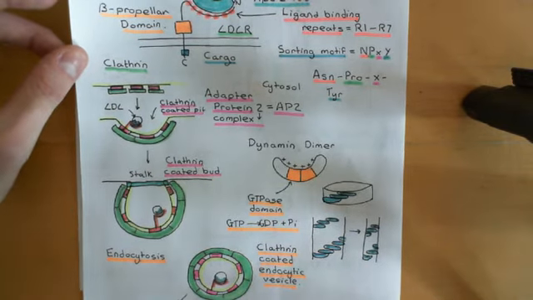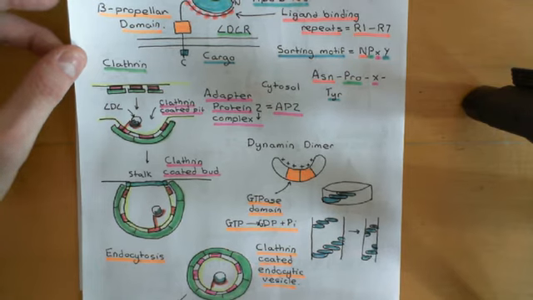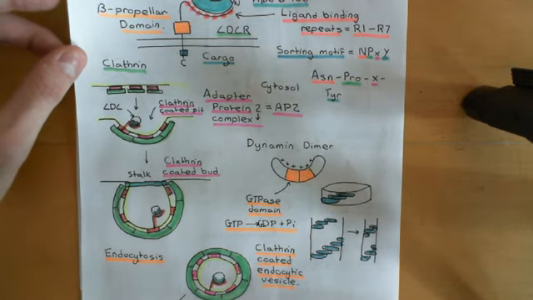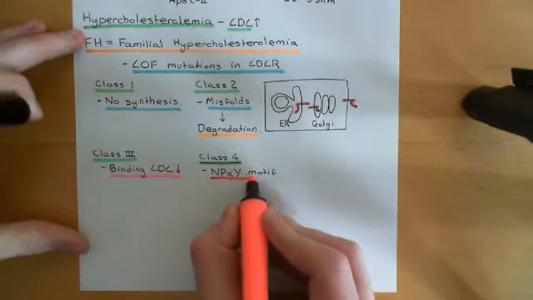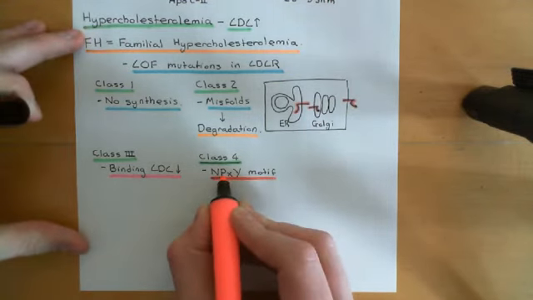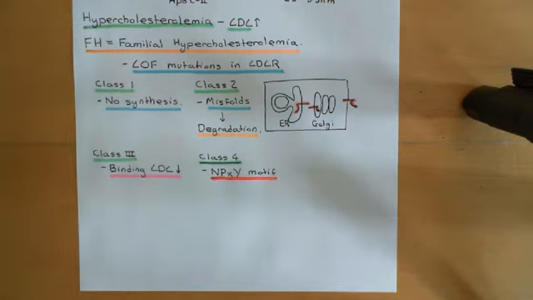In class 4 mutations, you end up with problems in that sorting motif, which mean it no longer binds to the adaptor protein complex 2, and that also severely disturbs the function of the LDL receptor. Now it can bind LDL, but it doesn't get endocytosed.